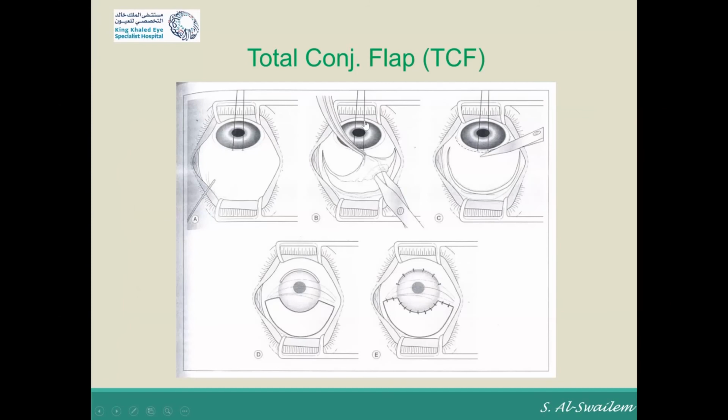Let's say if it is like 11, at least we need to go like 12 or 13 millimeters, okay? And then we take that one and put it downward, and then we close the whole conjunctiva, and this will stay there. So here will be tenon, and here the conj that you put downward, and you suture it to the limbus.